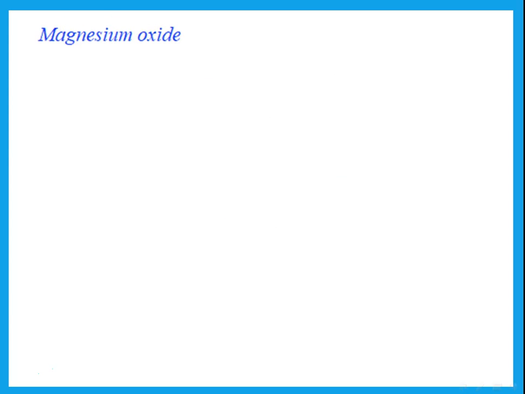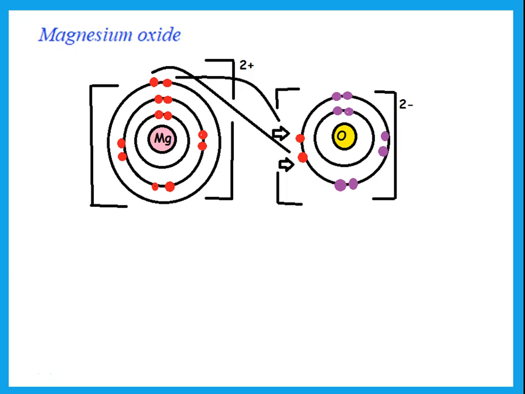Okay, so here he's saying I should write the dot and cross for magnesium oxide. So I need to think, okay, magnesium is in group 2. It has a total number of electrons of 12, so its outermost shell has 2 electrons, and it really doesn't want it.